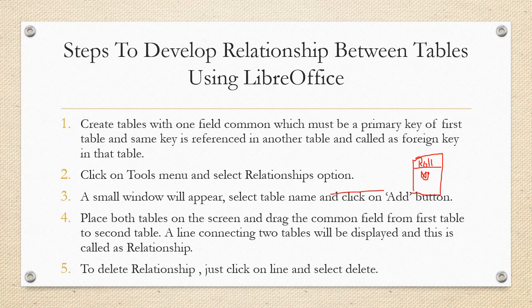Okay, now suppose in this table I kept only two fields. This is your student table.